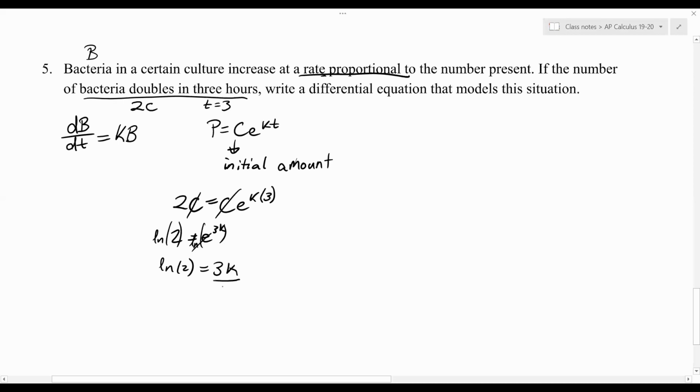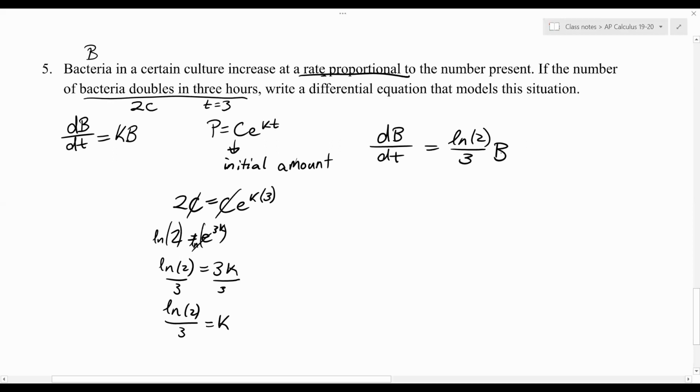To solve for k, just divide by 3. ln of 2 divided by 3 equals k. Did I finish? No, I need to rewrite this differential equation. dB/dt equals ln of 2 over 3 times B. That is our differential equation.